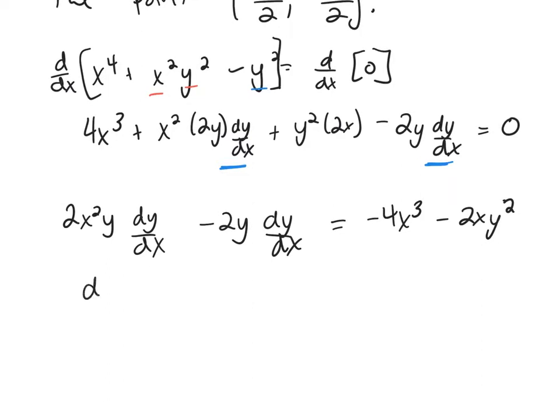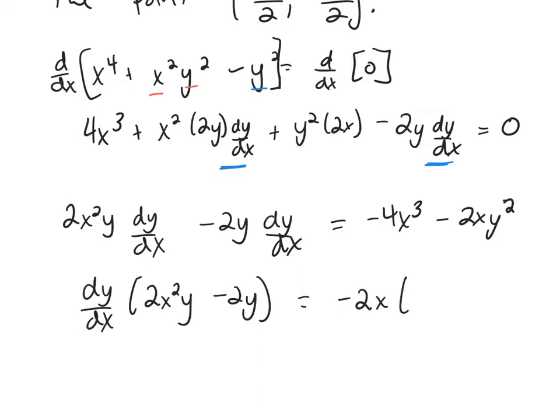Factor out a dy/dx on the left. So I'm going to be left with 2x squared y minus 2y. And then on the right, I can factor out a negative 2x. So this becomes 2x squared plus y squared.